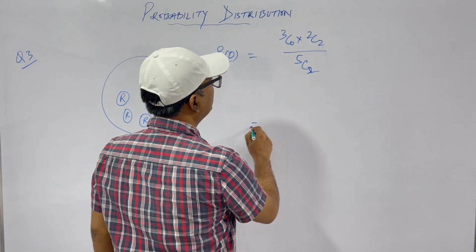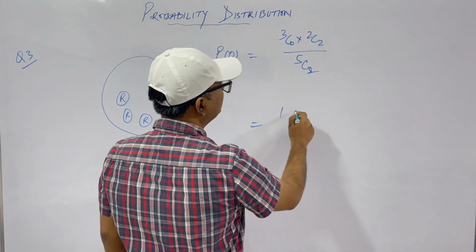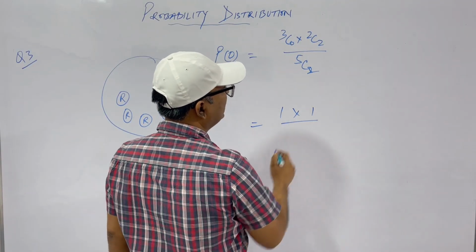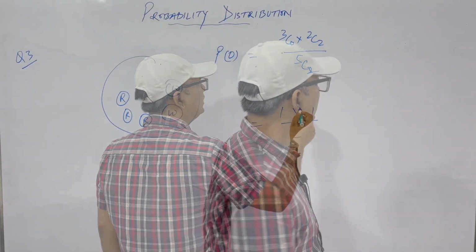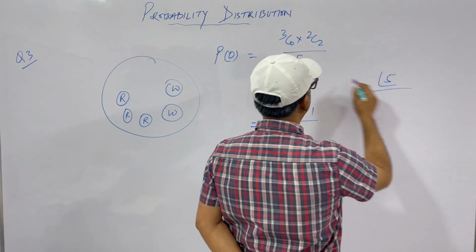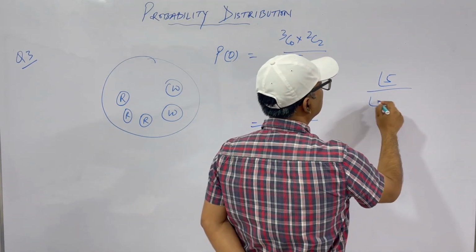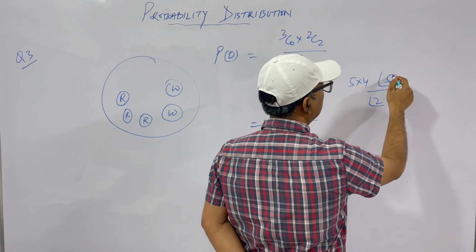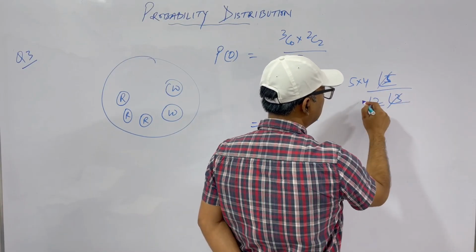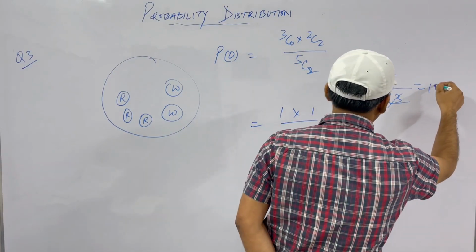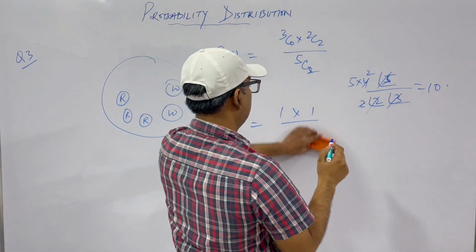So 3C0 is 1, into 2C2 which is again 1, by 5C2. What is 5C2? This is 5 cross 4 by 2 cross 3 factorial over 3 factorial, so 3 and 3 cancel, 2 and 2 cancel, so this is 10.